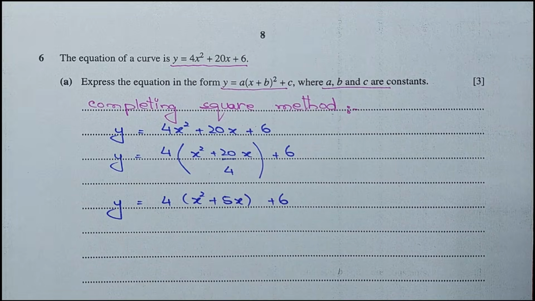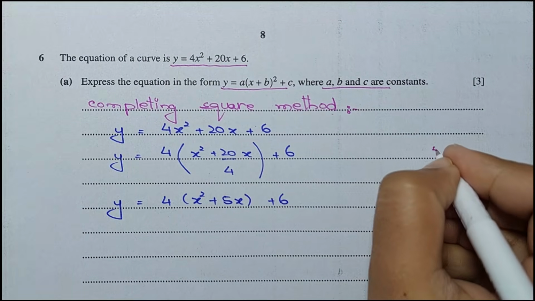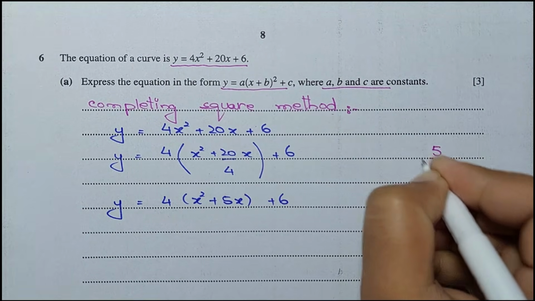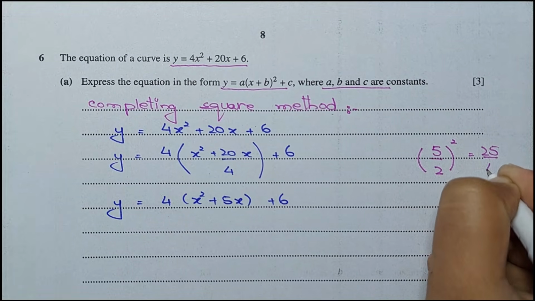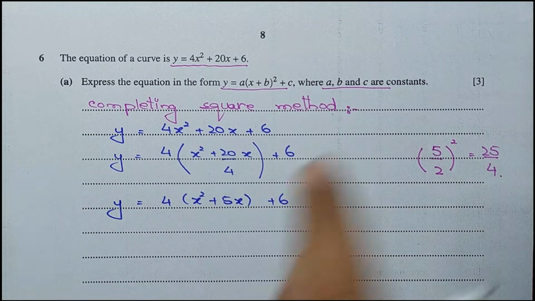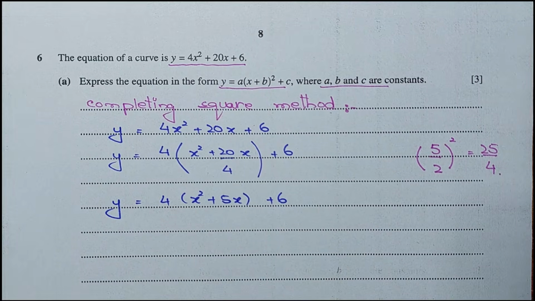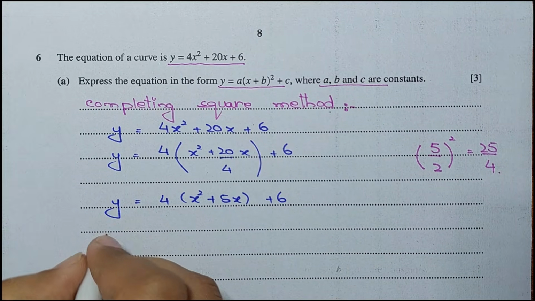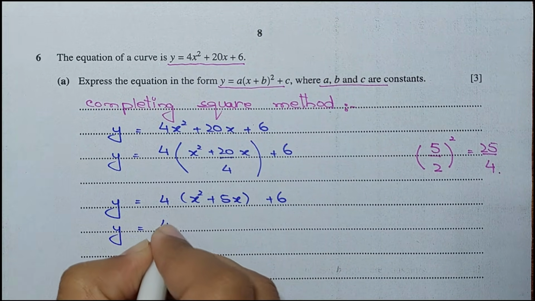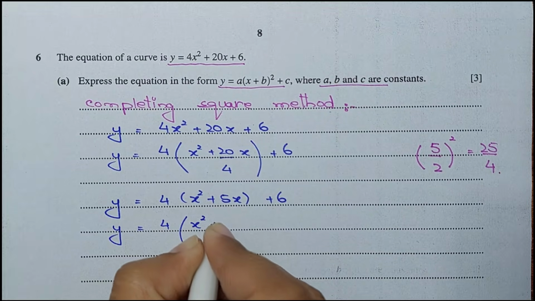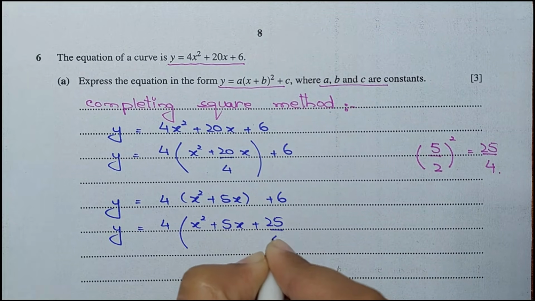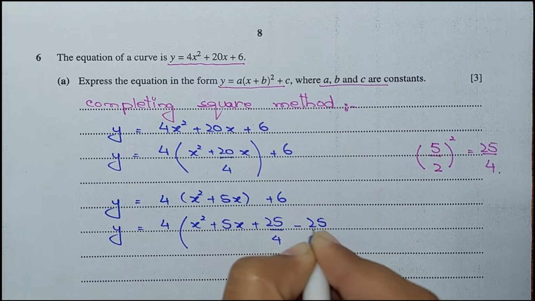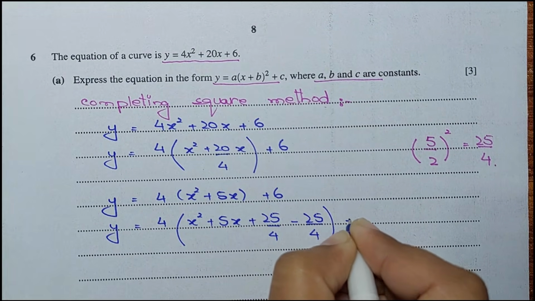Now in the next step you have to take the coefficient of x, divide it by 2 and take its whole square, which is 25 divided by 4. You need to add and subtract this number inside the bracket. Okay. Now y is equal to 4 times x square plus 5x plus 25 by 4 minus 25 by 4, and plus 6 is as it is.